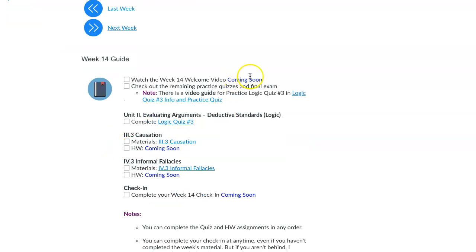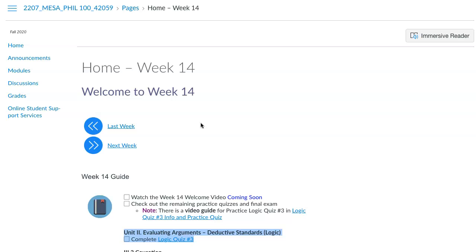Notice there are some coming soons in week 14, because not everything is posted early, but the logic quiz is early. There's no more homework on proofs. So once you've completed week 13, you are ready to complete this quiz. So you can get to it here, or you can navigate as usual to the modules.